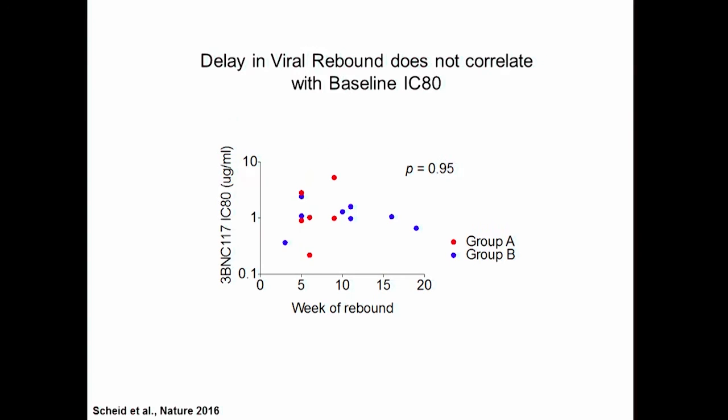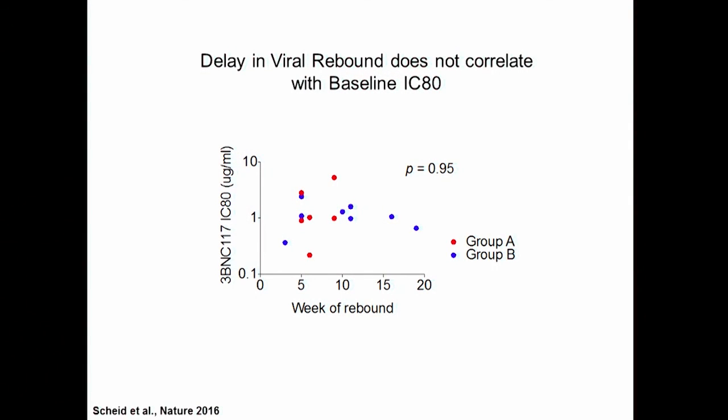When we looked at, so we wanted to figure out in how far this assay that we did in order to pre-screen patients really helped us to predict the effectiveness of 3BNC117 in delaying viral rebound.